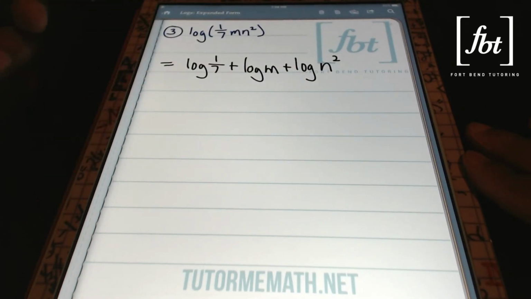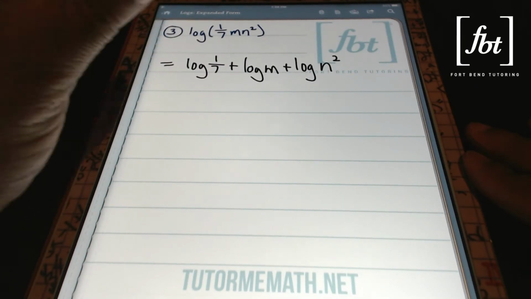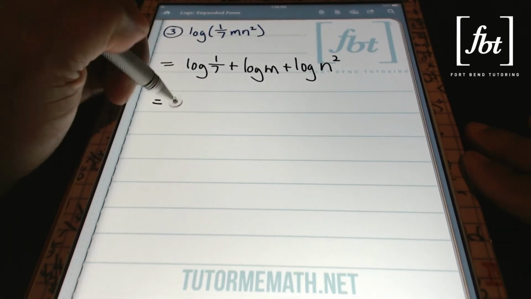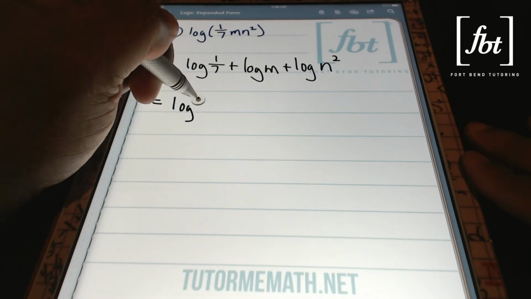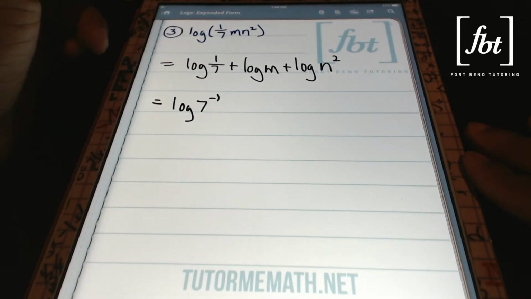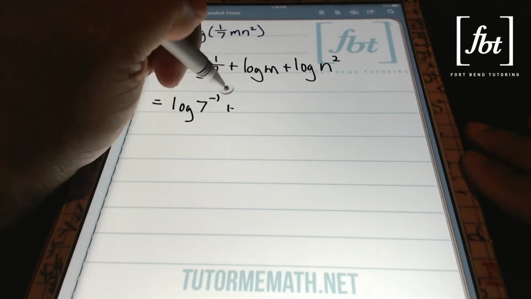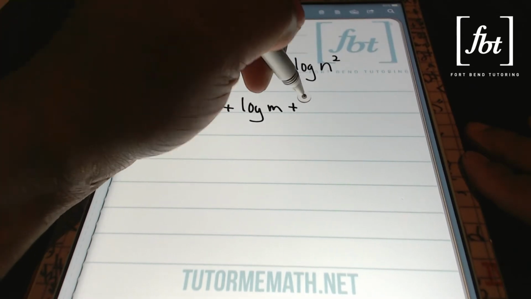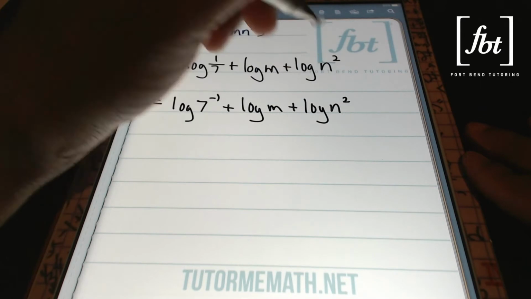All right, but we're not done. We can still simplify this problem as well as get rid of all of the exponents on our variables. We'll do so by, first of all, rewriting this first term as log of 7 to the negative first power, and then bringing down the log of m plus log of n squared.